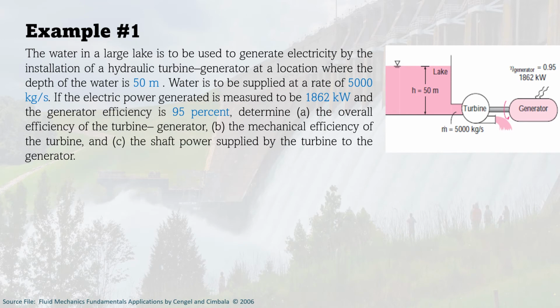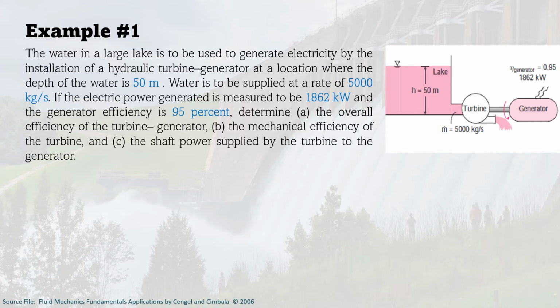So let us have an example. So we have our example number 1. The water in the lake is to be used to generate electricity by the installation of a hydraulic turbine generator at a location where the depth of the water is 50 meters. Water is to be supplied at a rate of 5,000 kilograms per second.